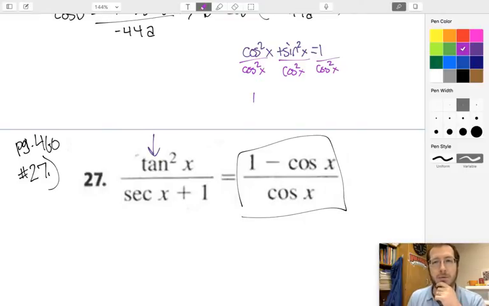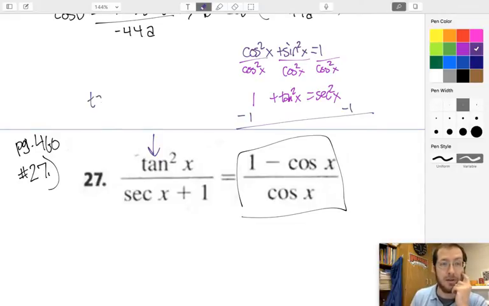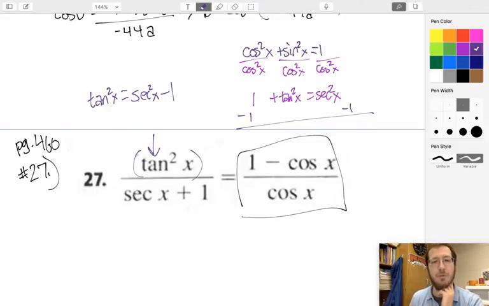So that's going to give me 1 plus tangent squared of x equals secant squared of x. Okay, I just want tangent squared of x by itself, so I'm going to take away that 1 from both sides. And then we're left with tangent squared of x being the same thing as secant squared of x minus 1. I kind of like that because that's the difference of squares. So that's going to be my first step, is to replace this numerator with that identity there.